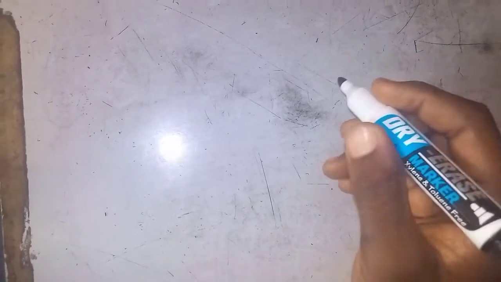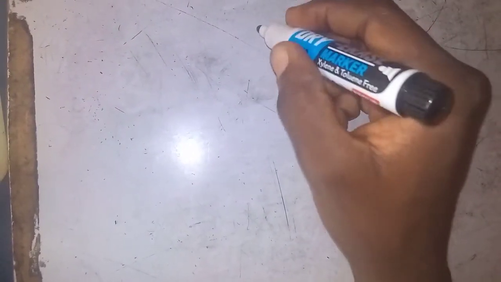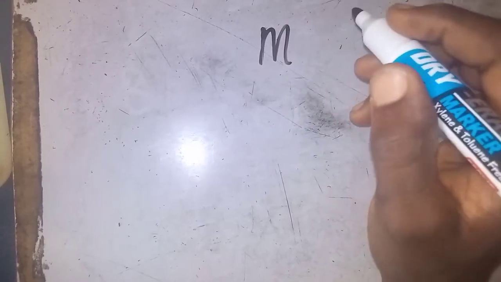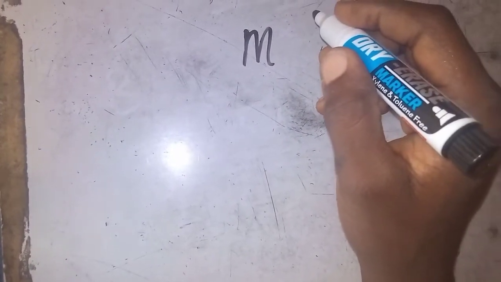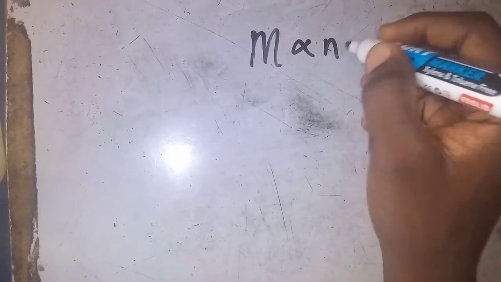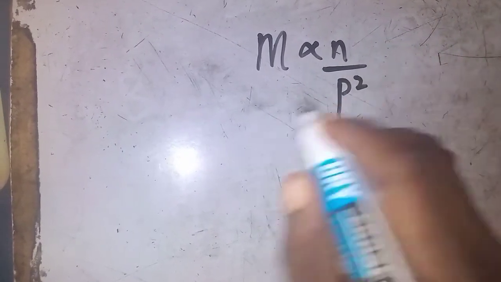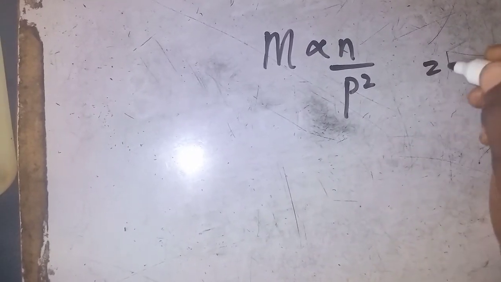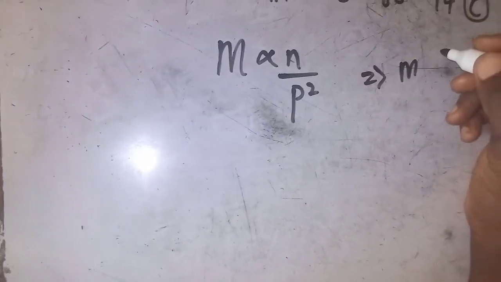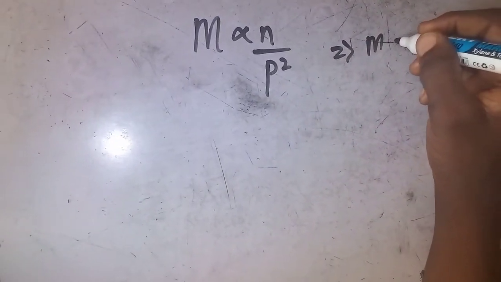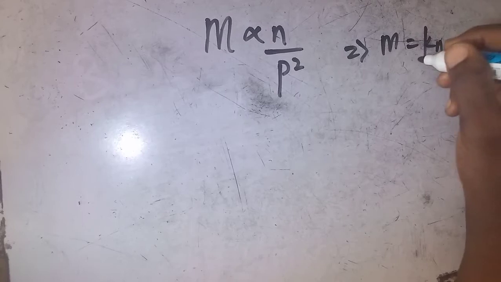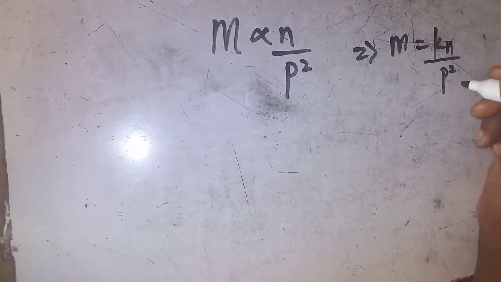Alright, so the next one says m varies directly as, this is a joint variation question. m varies directly as n and inversely as the square of p. It's just a direct stuff. From here we can say m equals k, which is our constant, multiplied by n over p squared.